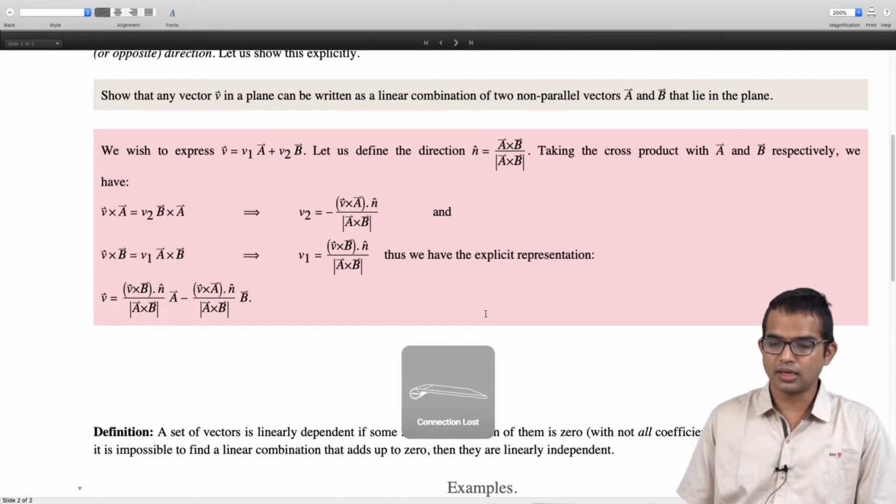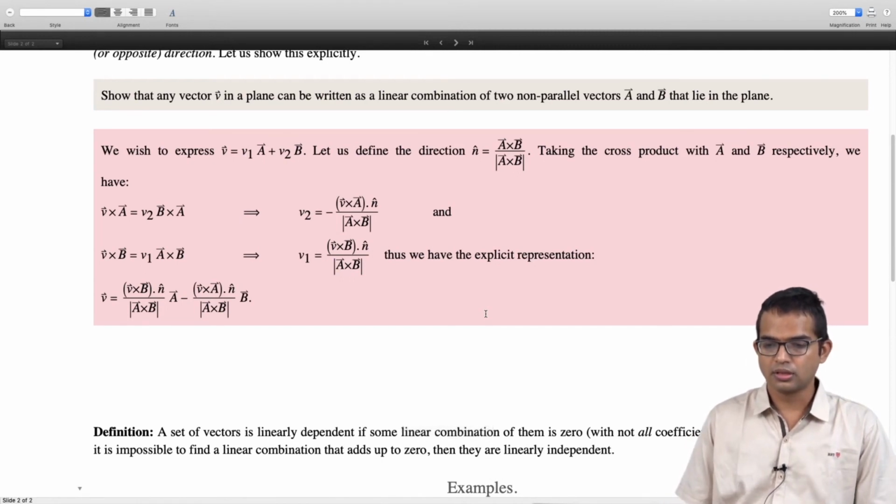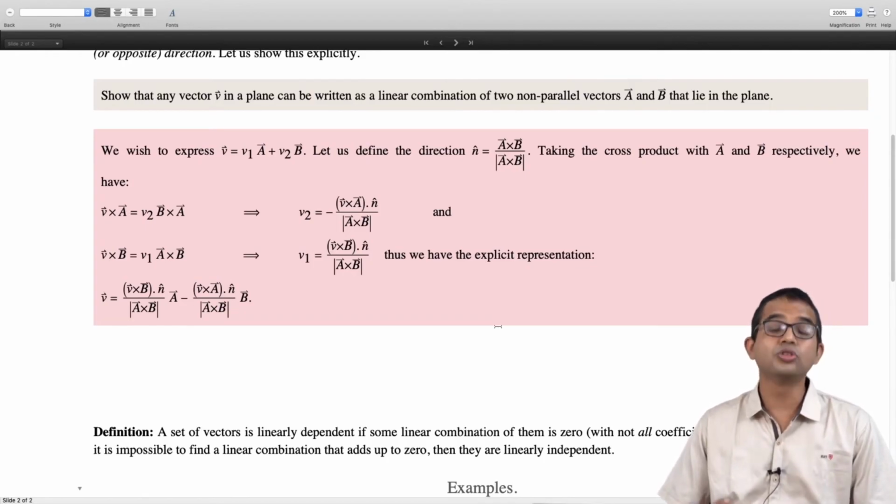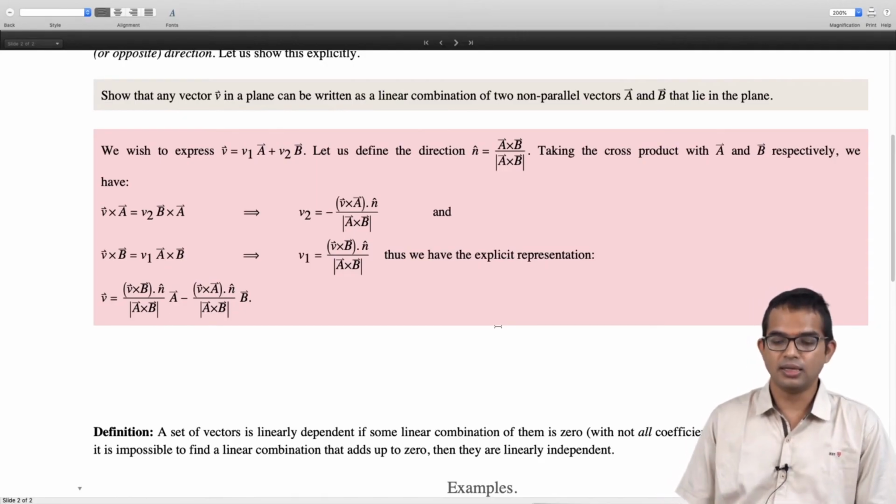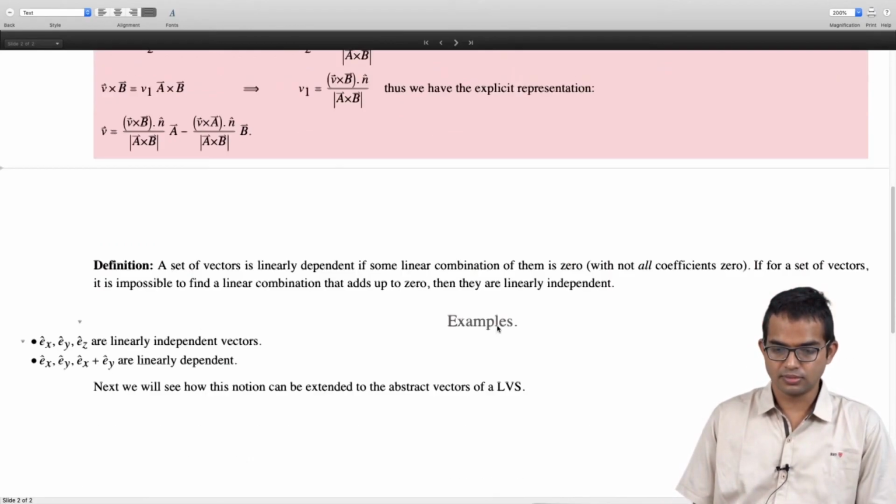If on the other hand, for a set of vectors it's impossible to find such a linear combination that adds up to 0, then they are linearly independent.